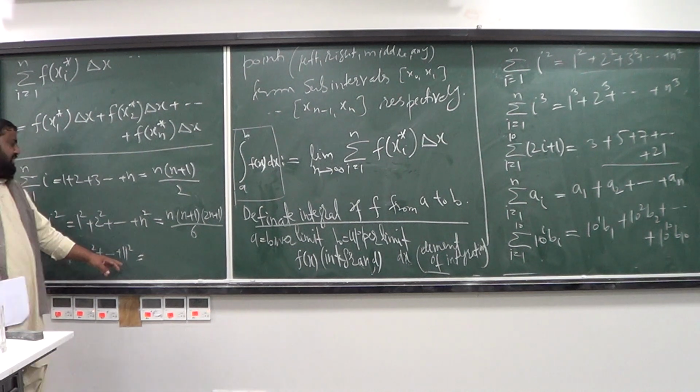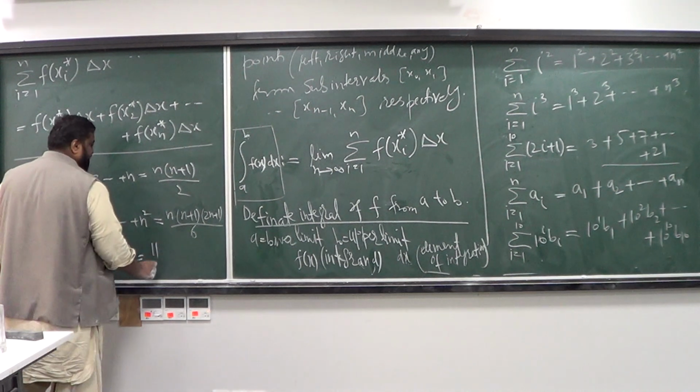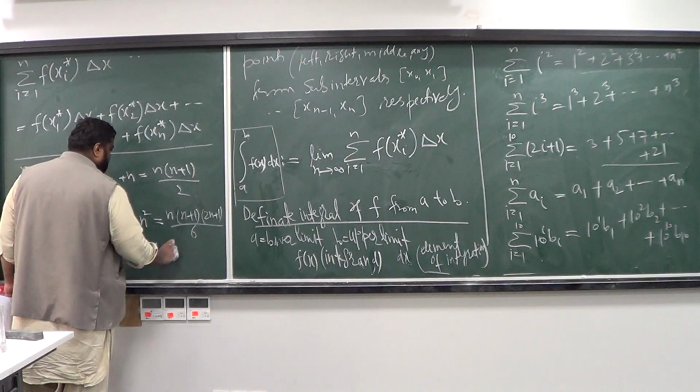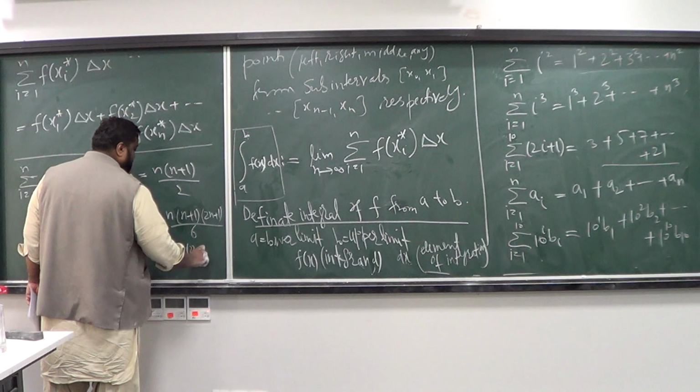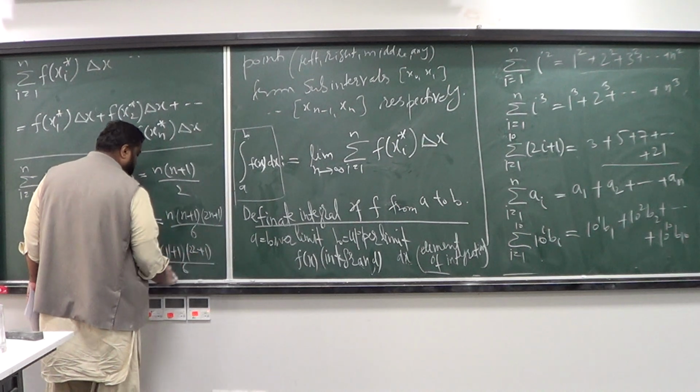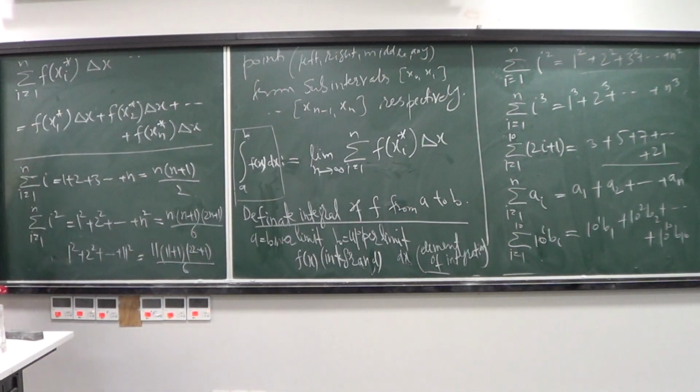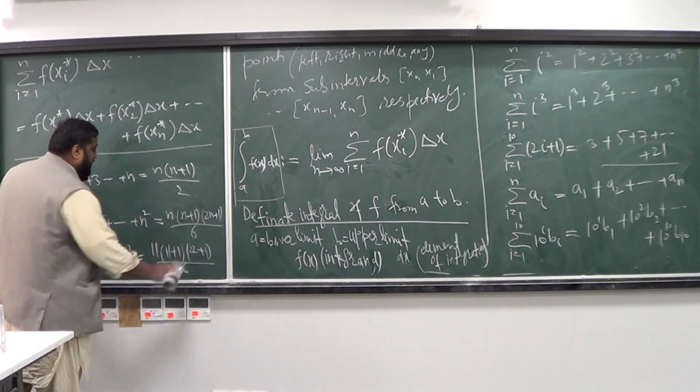So this sum is going to be 11 times (11 plus 1) times (22 plus 1) divided by 6. So you can simplify, and whatever answer comes is going to be this sum. It's a pretty nice shortcut.